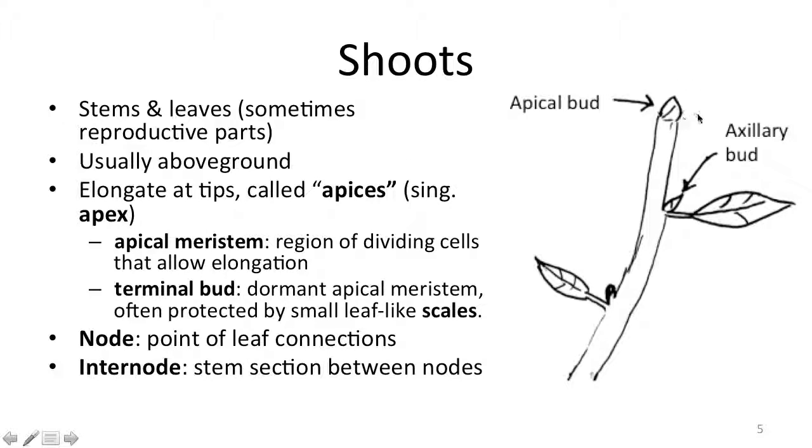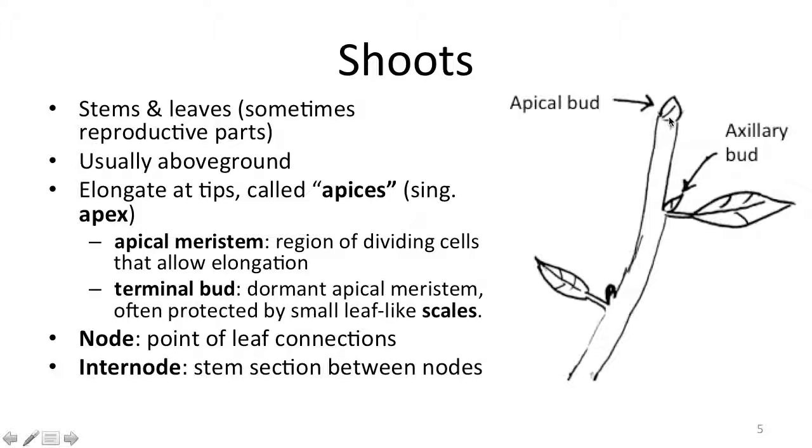So this area at the very top of the stem is called the apex for singular, or the plural of that is apices. And within this region is the apical meristem. This is the region of dividing cells that is going to allow growth and elongation.